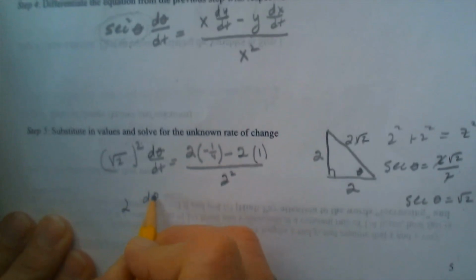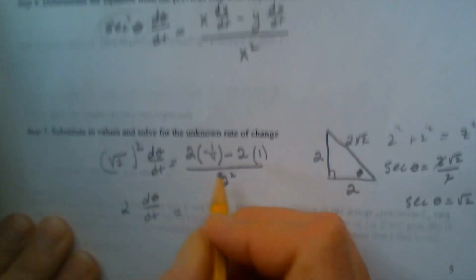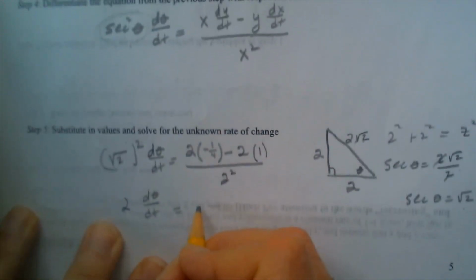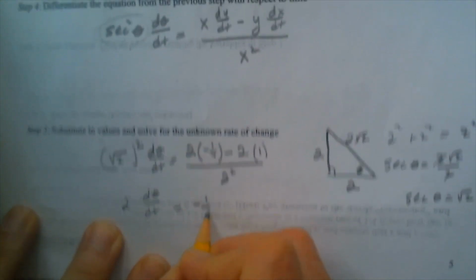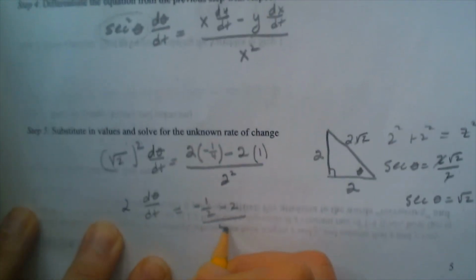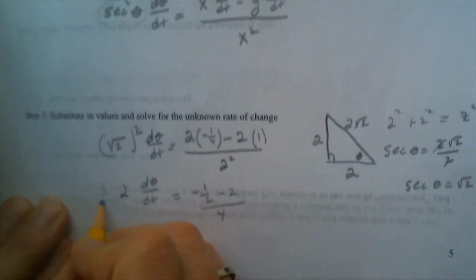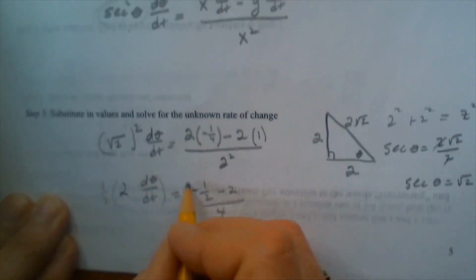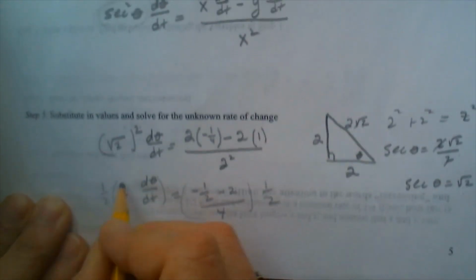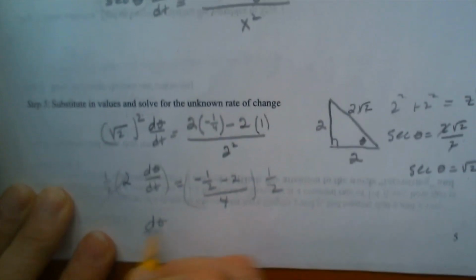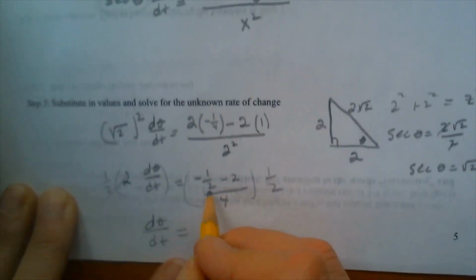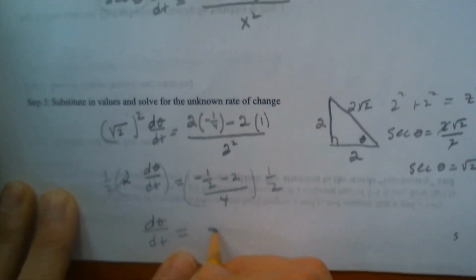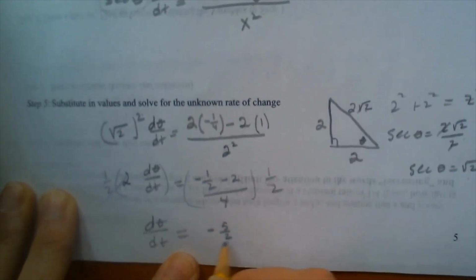So 2 d theta/dt is equal to 2 times negative 1/4 is negative 1/2 minus 2 all over 4. You can multiply both sides by 1/2 to get rid of that 2 here. So d theta/dt is equal to negative 1/2 minus 2 is negative 5/2.